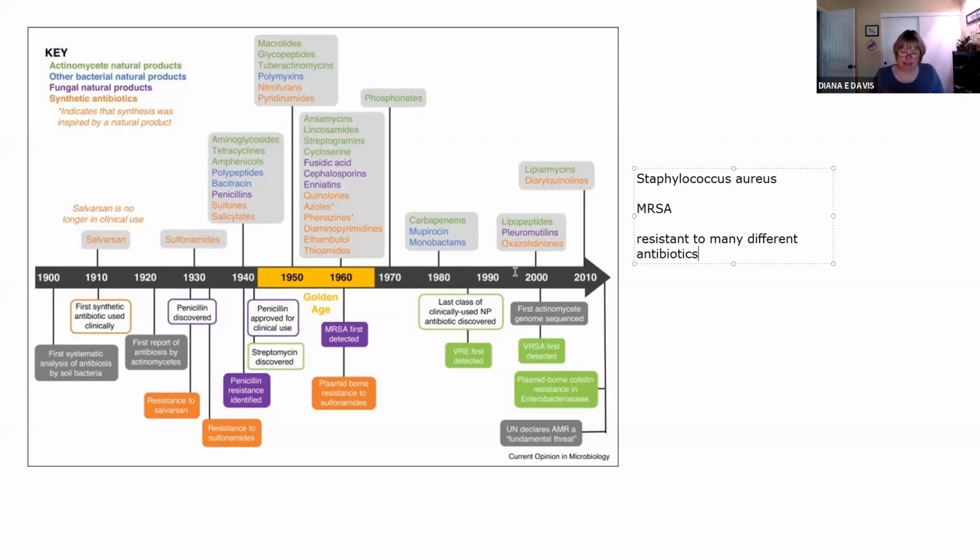The tricky thing is the first drugs developed are often the low-hanging fruit. So the first antibiotics went after the things that were easiest to go after. We picked all the fruit that hangs low off the tree, and now we've got to climb the tree to get more fruit.